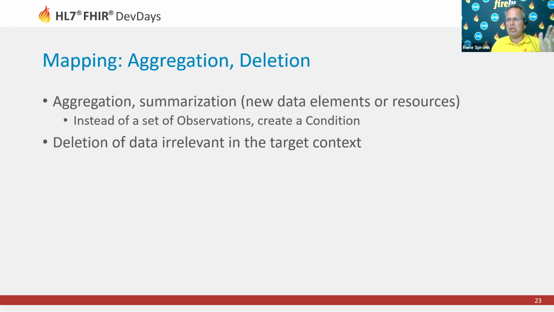And the receiving system says, well, I don't care about the observations, I only care about the condition resource. But obviously you need to have a bit of medical knowledge somewhere to be able to detect that these observations are typical indications of diabetes mellitus type 2. So I can translate this whole bucket load of observations into one condition effectively.